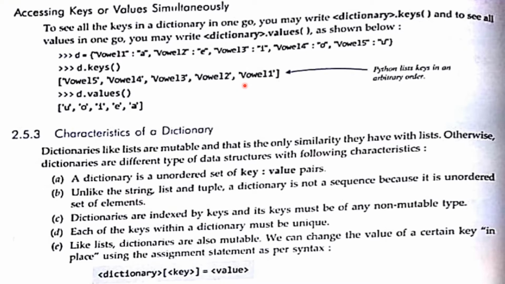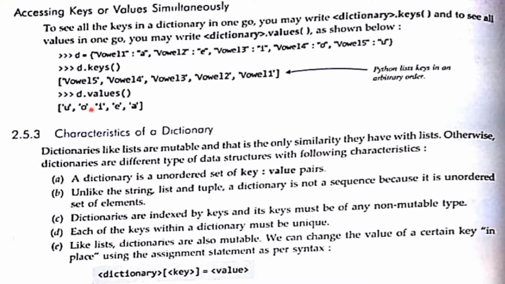It has not come in that way, because a dictionary is an unordered set of key value pairs. If you want to see only the values, you can give D.values, and it will return only the values.